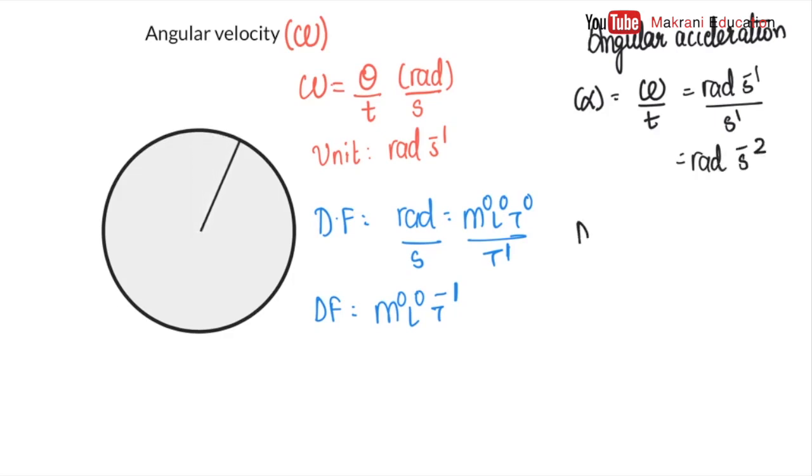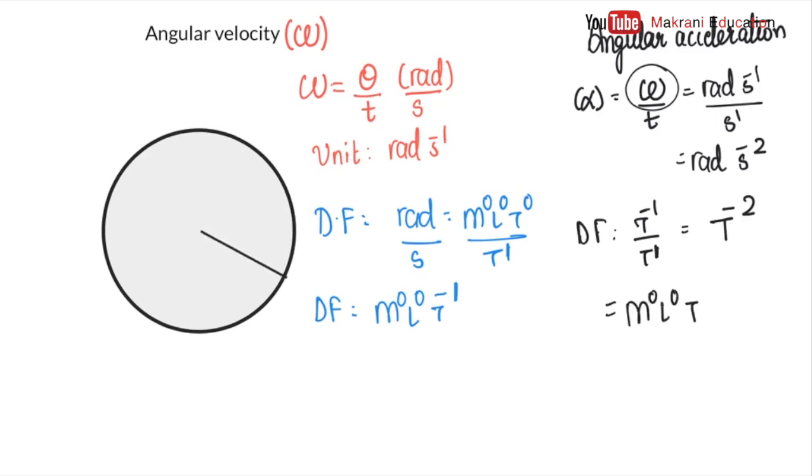Its dimensional formula can be given as follows: T raised to minus 1 we had for angular velocity, so T raised to minus 1 upon again T raised to 1, which is T raised to minus 2, written as M0 L0 T raised to minus 2. So they are all interrelated.